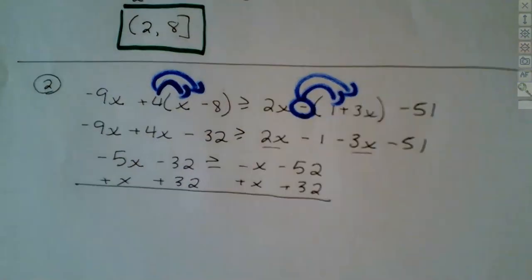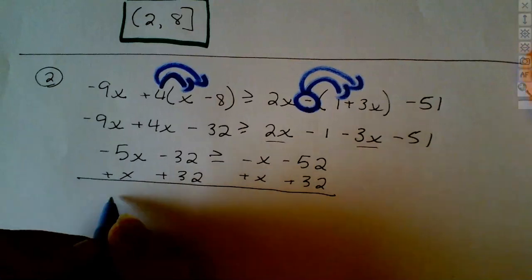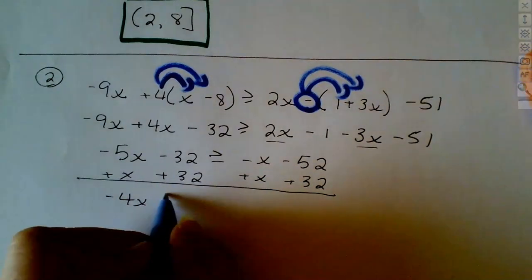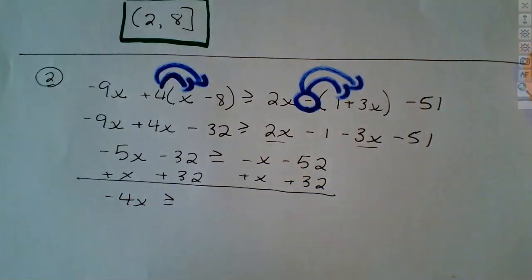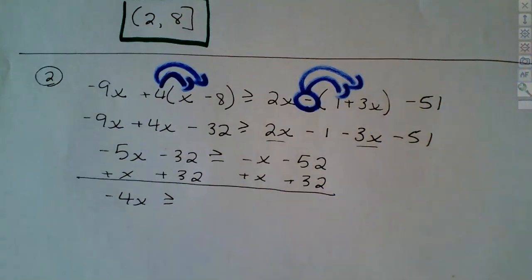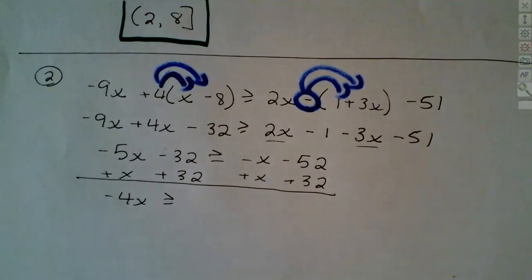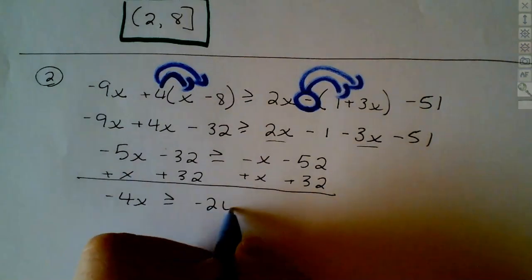We'll go ahead and combine those together. So we have a minus 5x and a single x. That makes it a minus 4x. And then on the right-hand side, the 32's of course cancel, the x's cancel, and we've got a negative 52. And we're going to add to that a positive 32. Put those together. That leaves you with a negative 20.